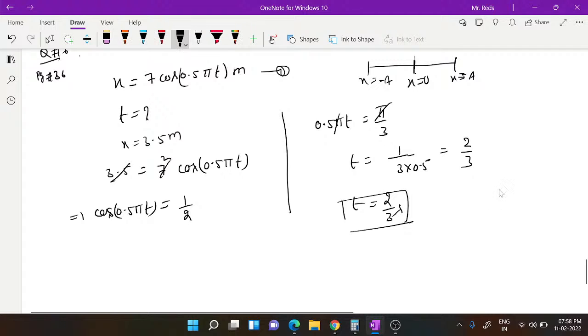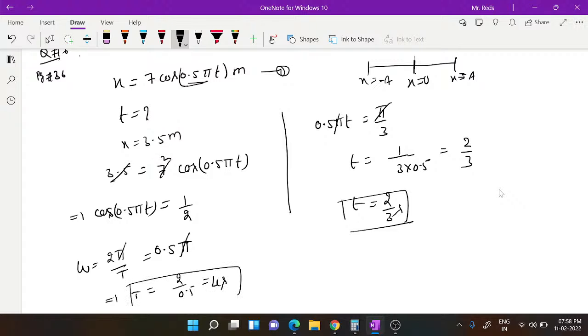Omega is equal to 2 pi by T, which is 0.5 pi, right? Pi cancels. This implies time period is equal to 2 by 0.5, which is equal to 4 seconds. Correct? 4 seconds.